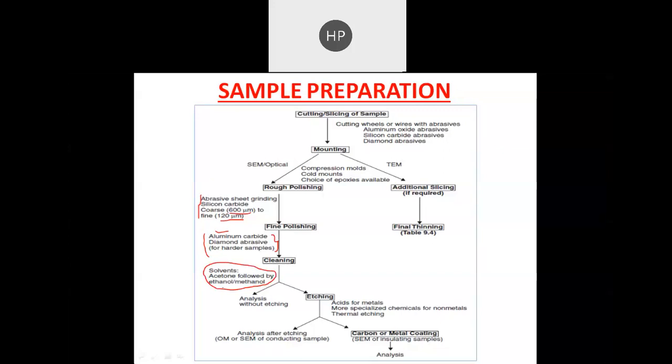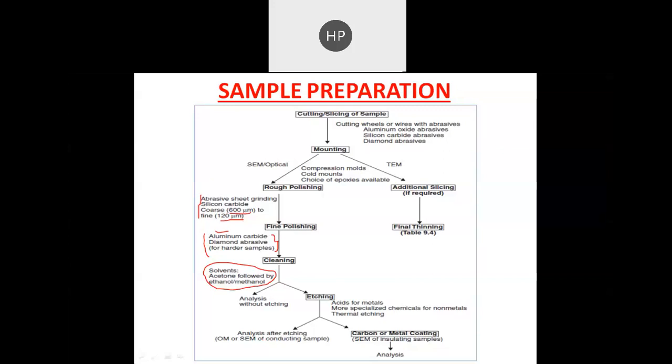And then we use etching so that we can have more contrast in the image. After that etching we can see the specimen in the SEM, and from that we are able to get the image. So this is how the sample is prepared for SEM analysis.